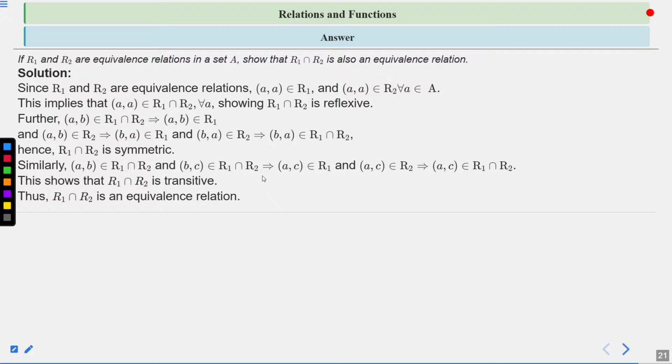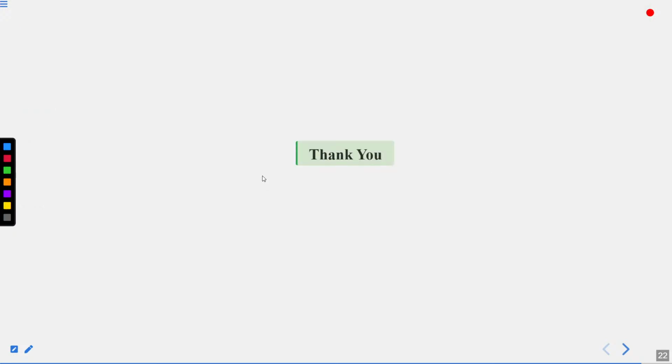Thus we can say that R1 intersection R2 is an equivalence relation. Okay, thank you so much.